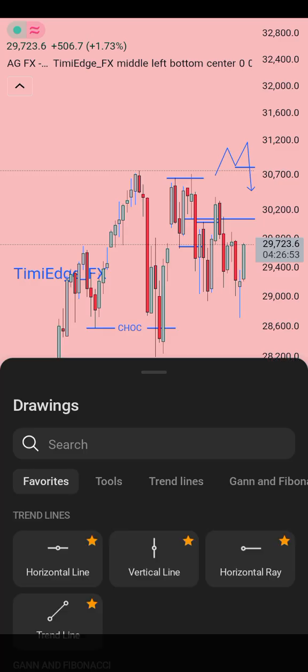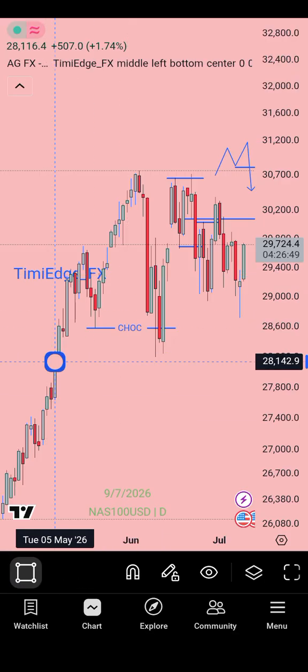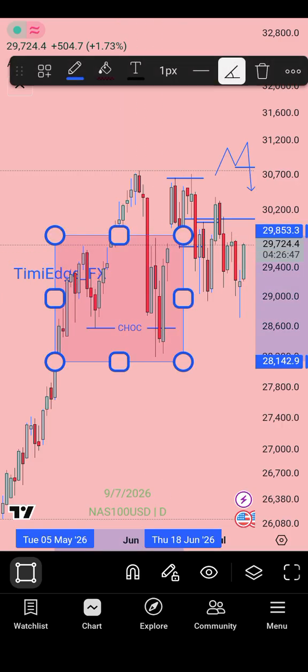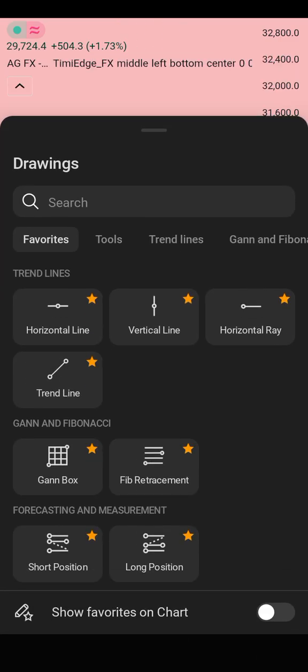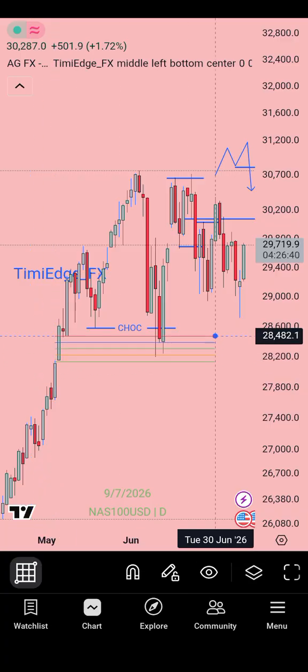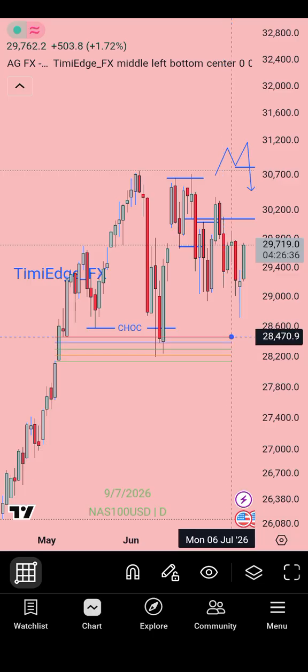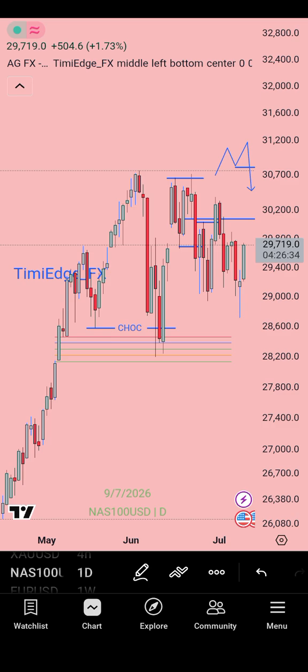Exactly. And we can see that price came back into a fair value gap here, right? And guess what? Price came back into the third quadrant of that fair value gap, right?